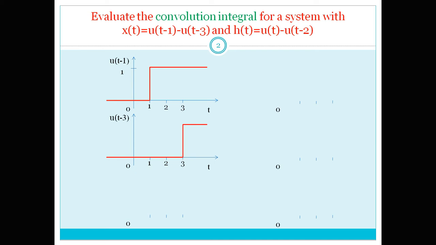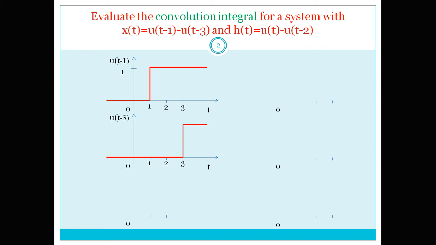Now what we need to do, we need to find x of t which is equal to u of t minus 1 minus u of t minus 3. That means the above one is u of t minus 1 and the below one is u of t minus 3. Now I can multiply this second signal with minus 1. This is called amplitude scaling. Now I am scaling this second signal with minus 1, so this signal should come in a negative direction.